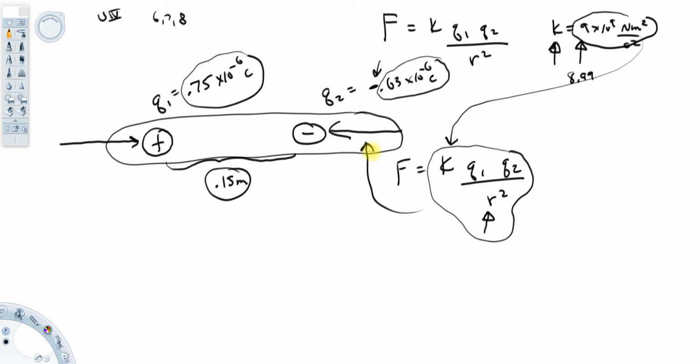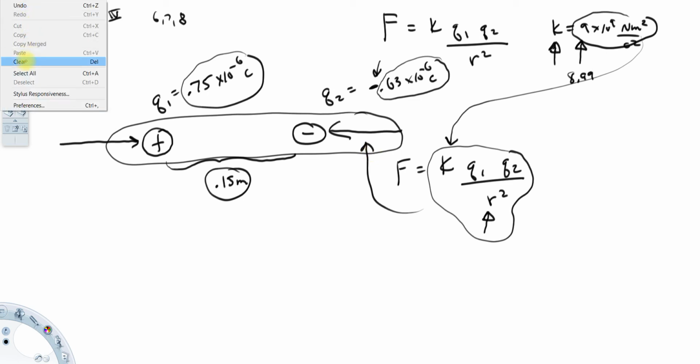Okay, number 7. How far apart must 2 point charges be if they're 90 nanocoulombs to have an 8.1 newton force between them? So we have a pair of point charges, and they're the same. In mine it says 90 nanocoulombs.